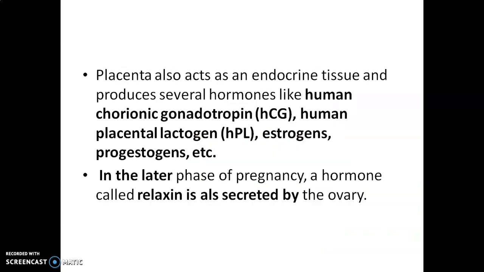So placenta also acts as an endocrine tissue. Endocrine means related to hormonal action, right? The placenta produces several hormones like HCG, human chorionic gonadotropin, then HPL, human placental lactogen, estrogen, progesterone, etc. In later phases of pregnancy, that means during the time of parturition, a hormone called relaxin is also secreted by the ovary.